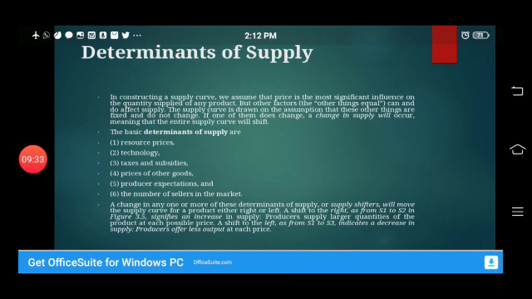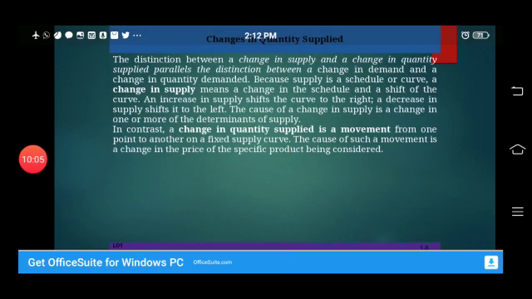But if there is a change due to the determinants of supply, it is a shifting of the supply curve. If supply is increasing, it will shift towards the right, and if supply is decreasing, it will shift towards the left. Or we can say rise or fall: from rise, R, it is moving towards the right, and fall, L, it is shifting towards the left.